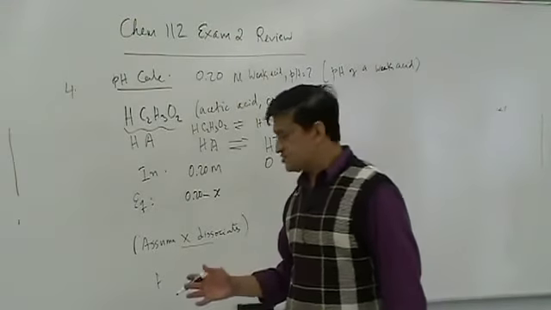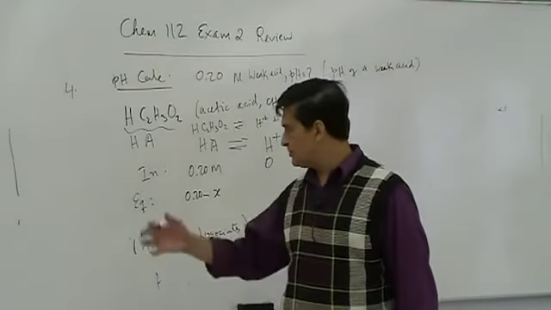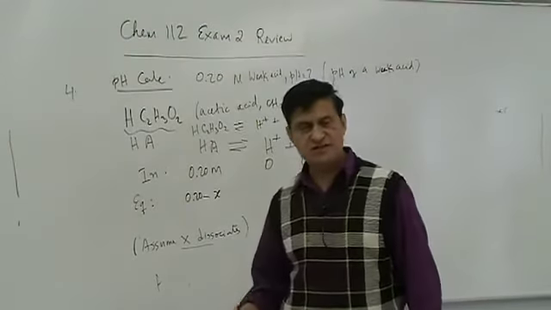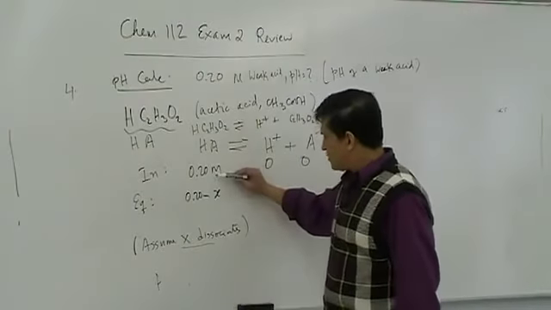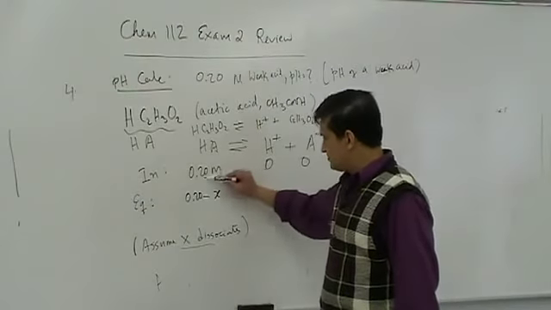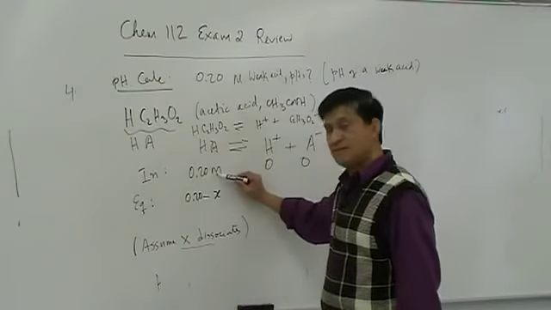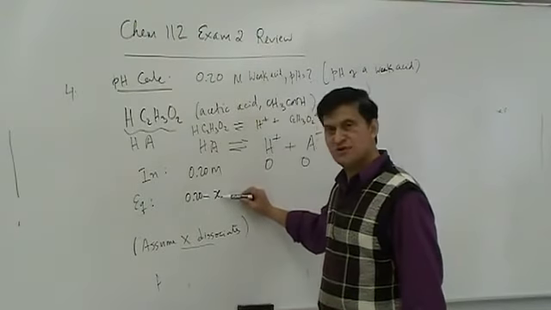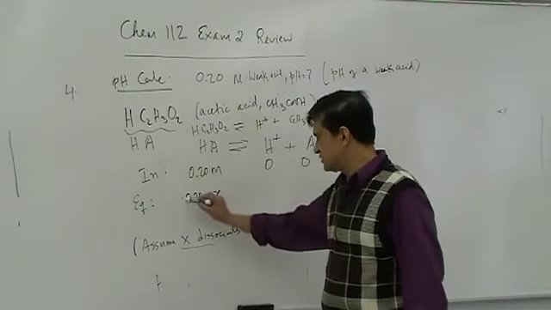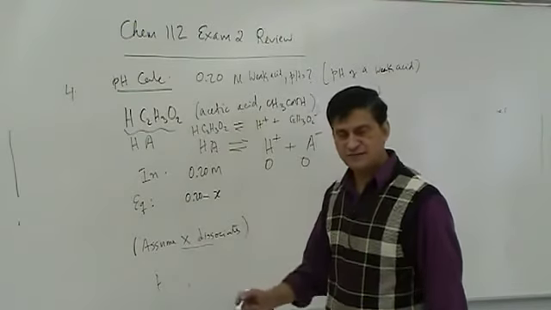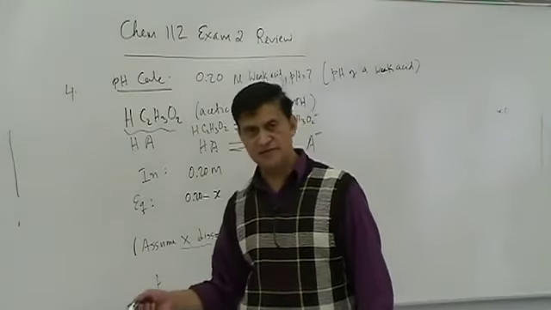If you have $10 in the pocket, and if you spend $2, how much is left over? 10 minus 2. So here, initially, this compound had the concentration of 0.20. Out of that, X amount was spent or used up so that it makes the product. So this is going to be the leftover, and that leftover concentration would be equilibrium concentration.